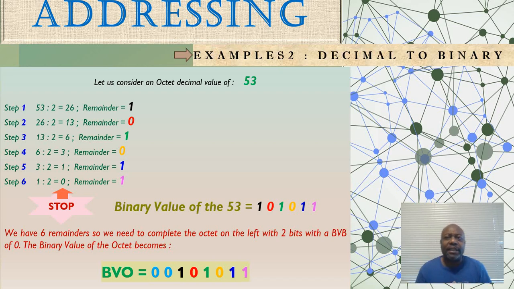The second bit, what is going to be the decimal value of that bit? Exactly, 64, which is still greater than 53. So you can see, since to get the decimal value of an octet, we have to sum all the decimal values of the bits, we cannot get 53 by summing something to 128 or to 64.